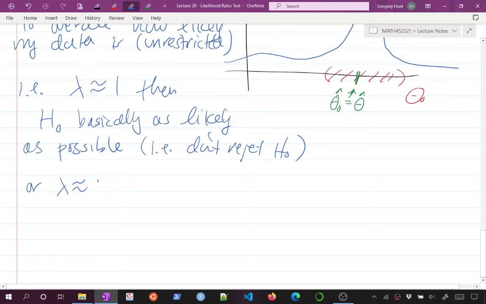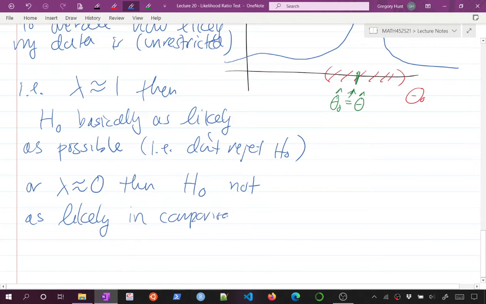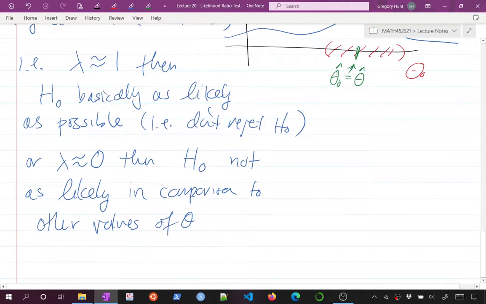Or if lambda is approximately 0, or as close to 0, then in layman's terms, my null hypothesis is not as likely in comparison to other values of theta. That is, there are other values of theta that make a lot more sense with this data than the current one, i.e., maybe reject H0.